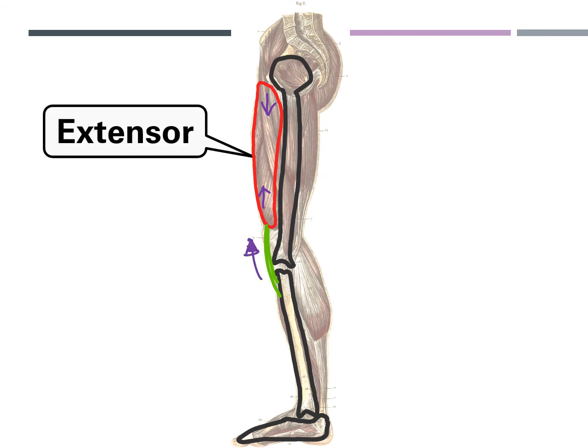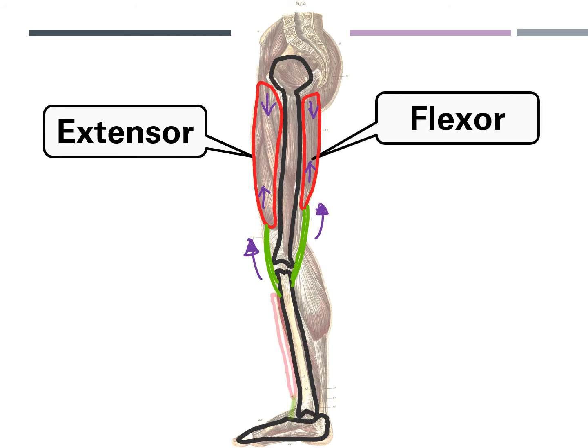For the muscles at the back of the leg, when the muscles contract, they transmit the pulling force by the tendon and cause the leg to bend to the back. So this one must be a flexor.